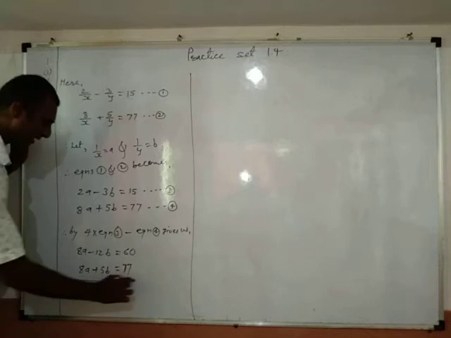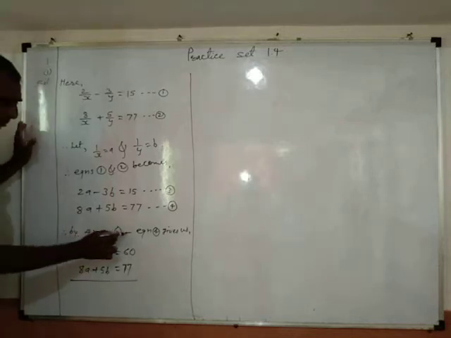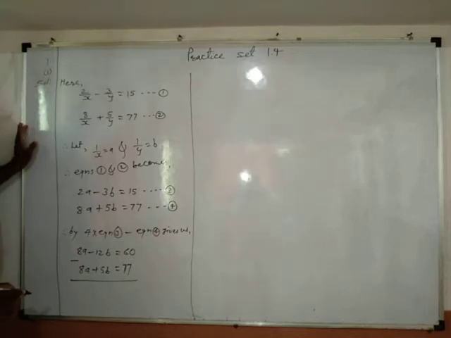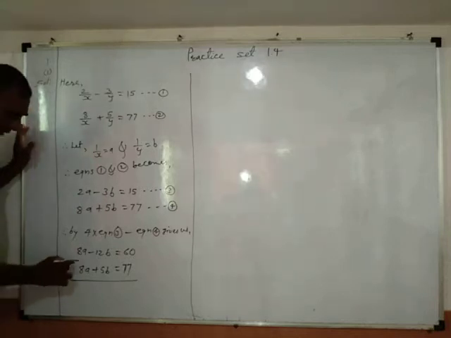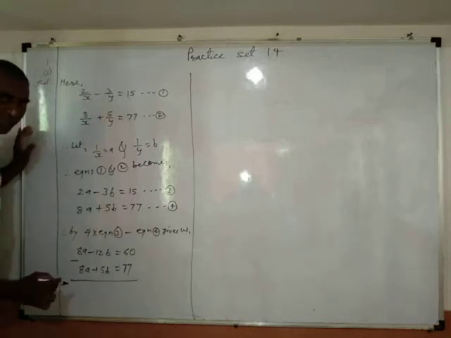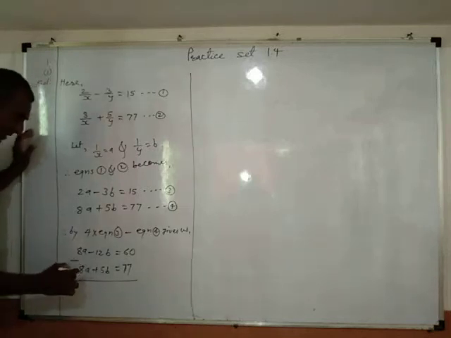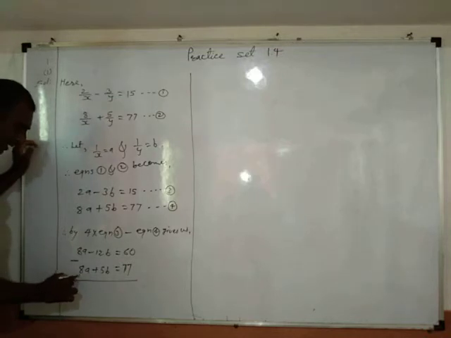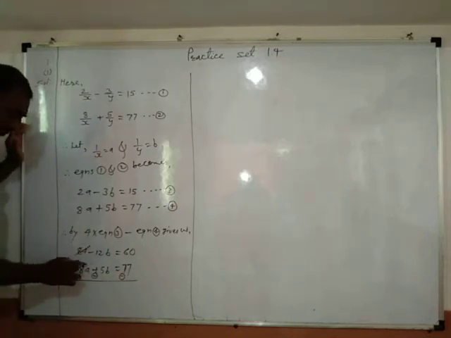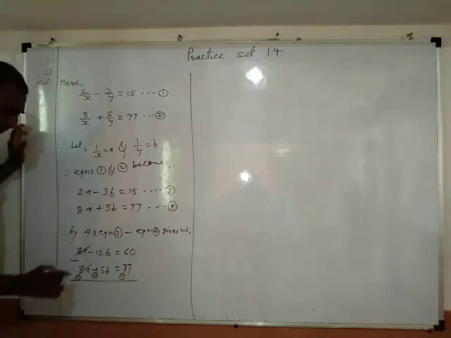Now as we have decided, 4 into equation 3 minus equation 4 means there will be the operation of subtraction between these two equations, and due to this every term of the second equation will change its sign. Plus 8a will become minus 8a, this plus will become minus, and this plus will also become minus. 8a minus 8a will cancel each other.